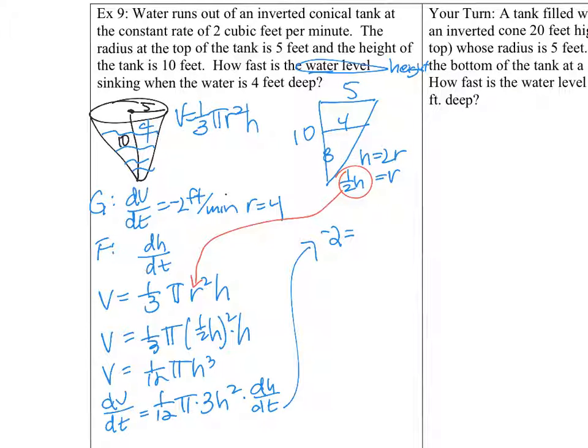We know that this is going to be 1/4 pi, and h at this time is 8 squared, and we know we're trying to figure out dh/dt. So that's -2 equals 64 divided by 4, which is 16 pi dh/dt.